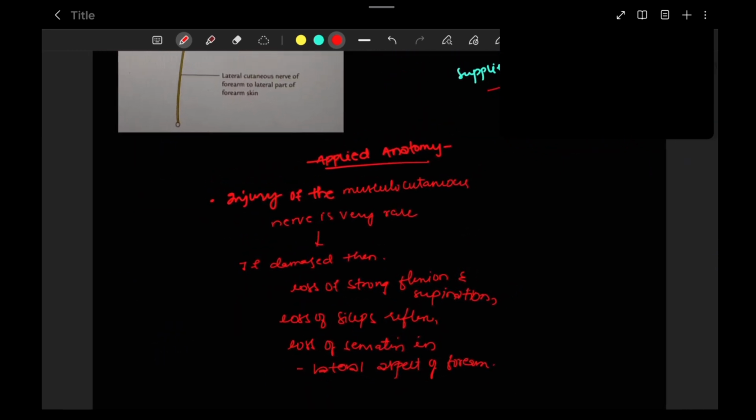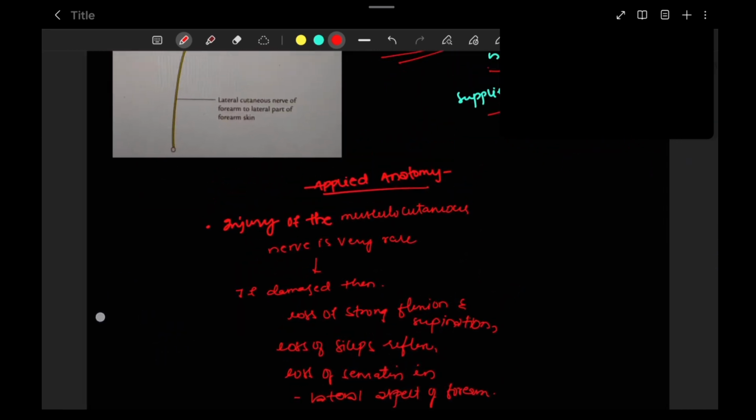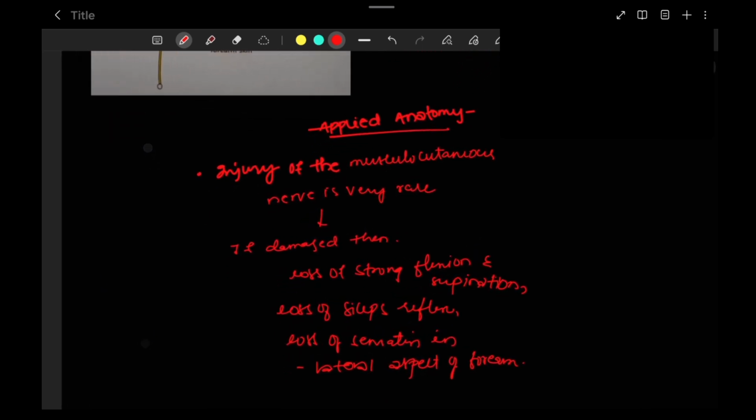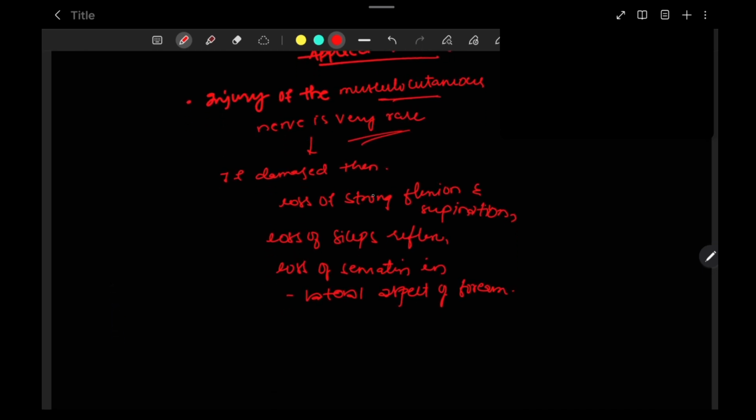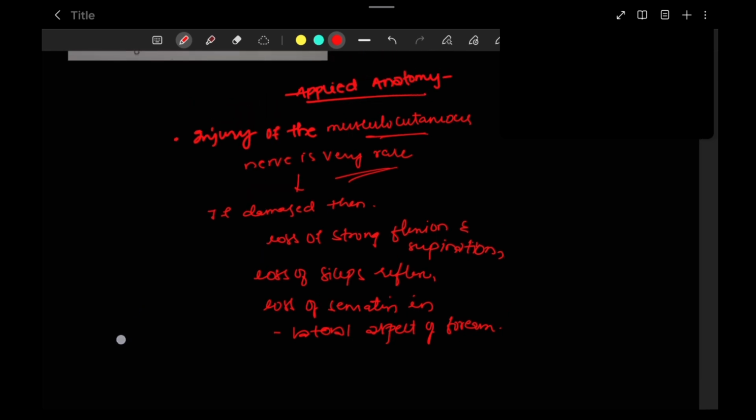Applied anatomy is not very important for the musculocutaneous nerve, but just remember that injury of the musculocutaneous nerve is very rare. If it is damaged, the muscles in the anterior aspect of the arm, the biceps brachii and the others, will waste.